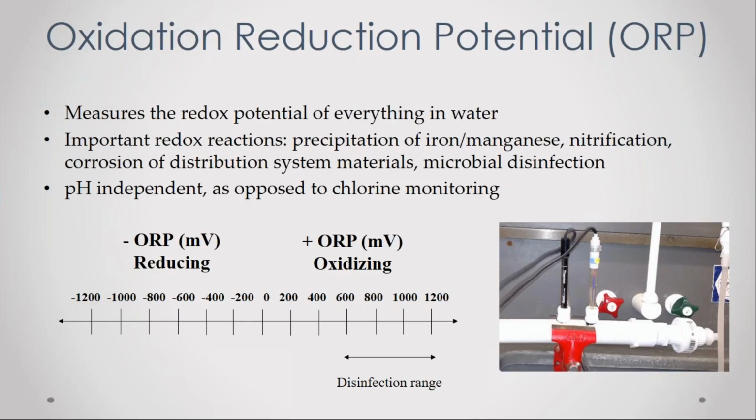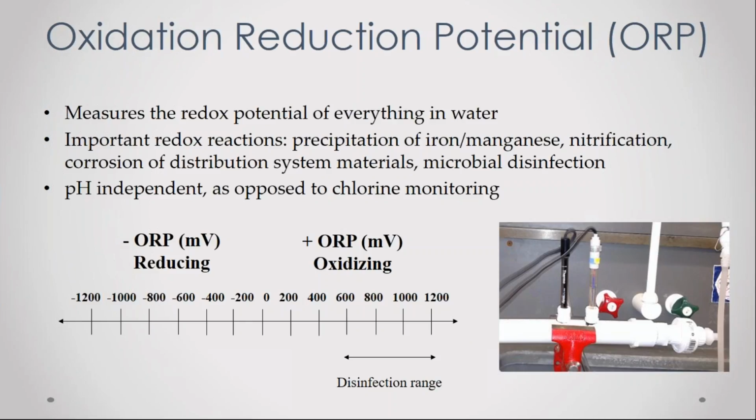What I mean by that is when you have an ORP scale down here, the more negative the reading, the more reducing the overall potential of the water is, and the more positive, the more oxidizing the water is.